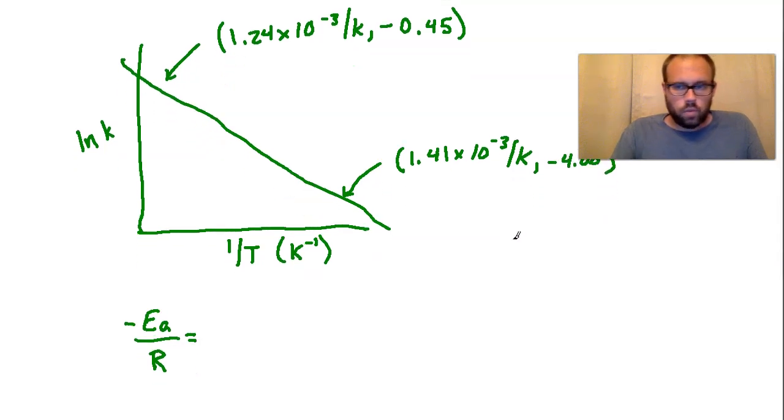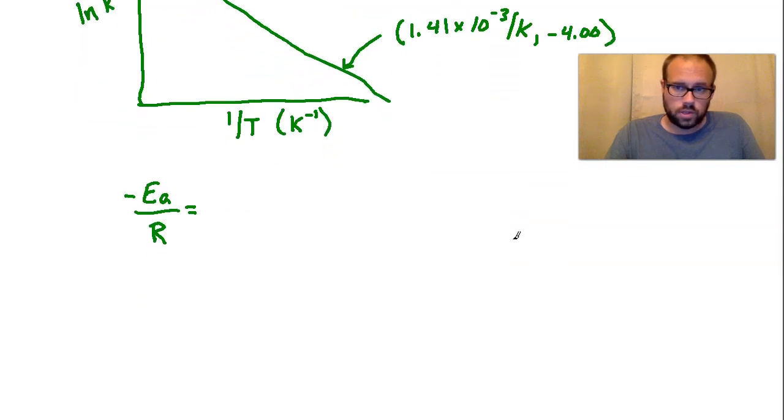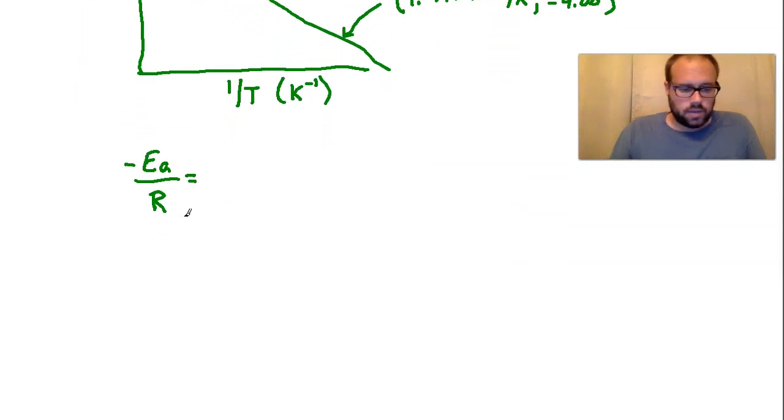All right, so what we're doing here, we graph this out, and then we're picking 2 points on the slope, or 2 points on the regression line, in order to solve for this. So if I were to plot this out, I would say negative 4 minus a negative 0.45.